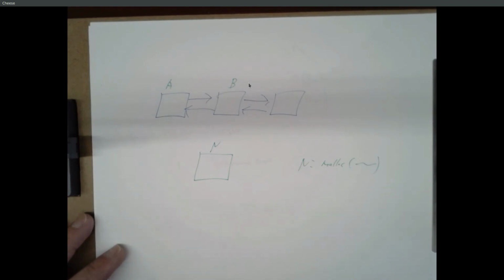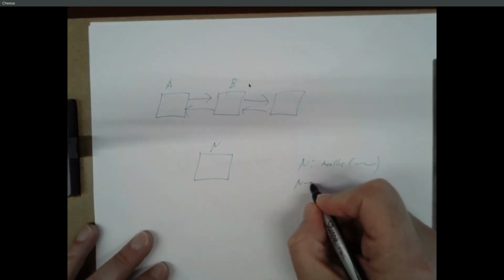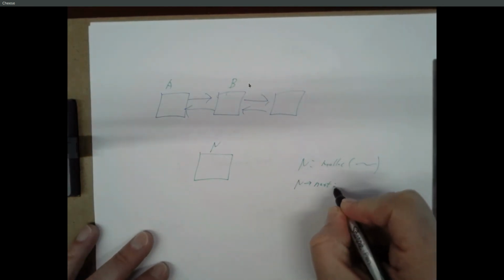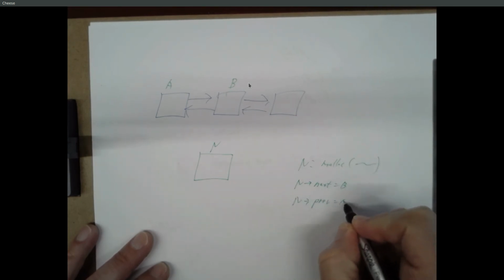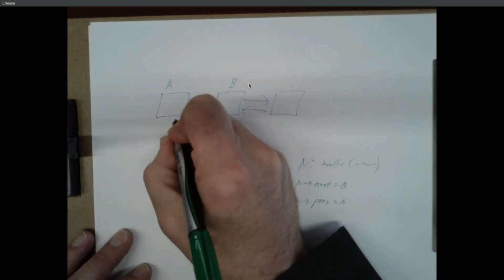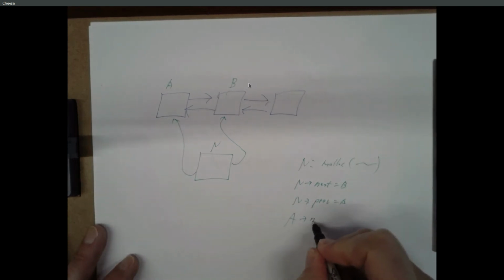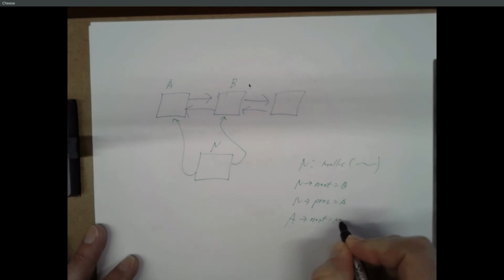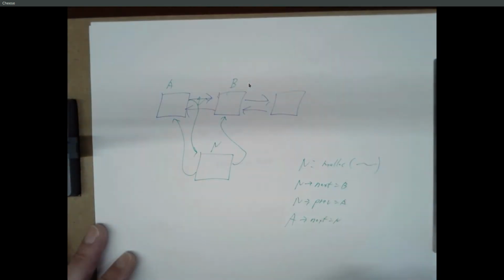So that gets you a new node. And we need n to point to B. And we need n to point back to A. So that points there and that points there. And then A needs to point forward to n. So that changes that. And then B needs to point backwards to n.